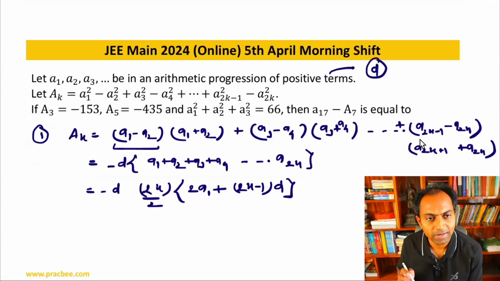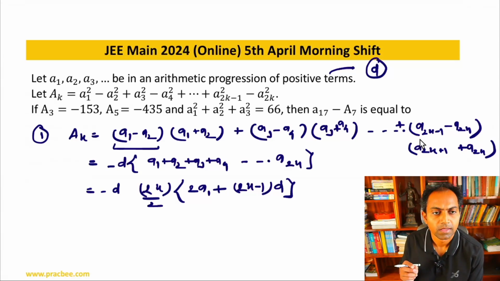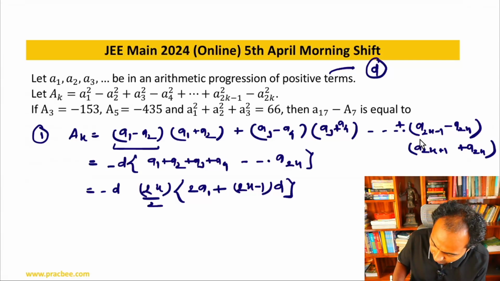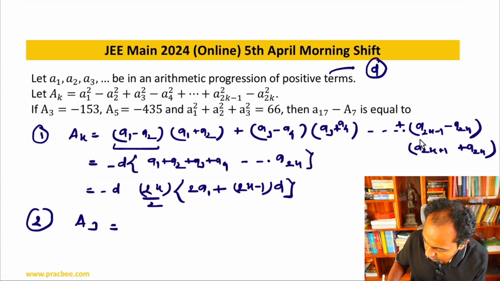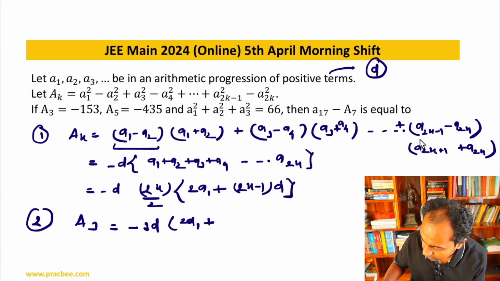Now for finding the value of a and d, because everything will depend upon a and d, they have given us the value of capital A3 in the second part. So in place of k, if I put 3, this is going to become minus 3d into twice of a1 plus, if I put 3, it will become 6 minus 1, that is 5d.